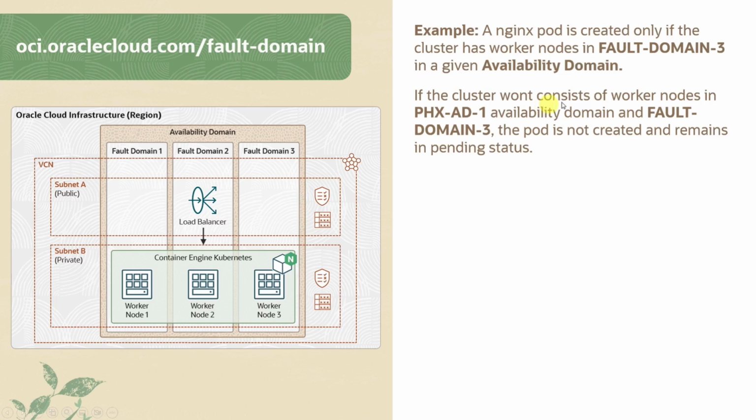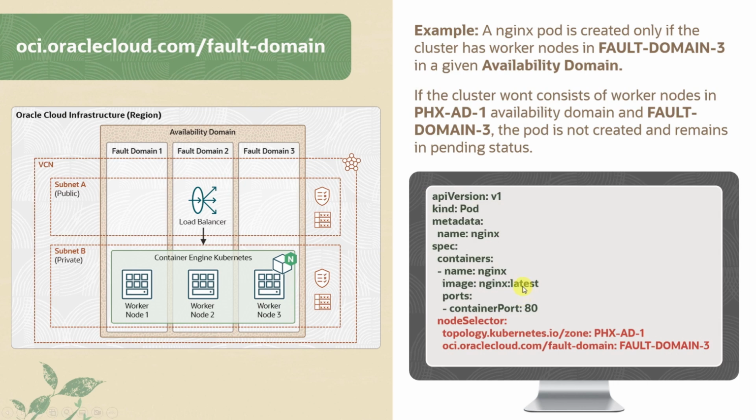If the cluster doesn't consist of worker nodes in the PHX-AD1 availability domain and fault domain 3 within the availability domain, the pod is not created and remains in pending status. To bring this example to life, let's transition to the OCI console and witness this scenario in action. This hands-on demonstration will provide a real-time visualization of how the labels we just covered influence pod creation within the cluster.